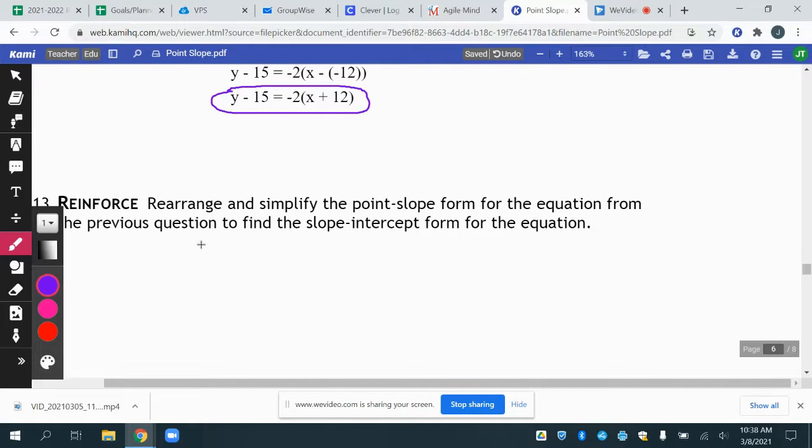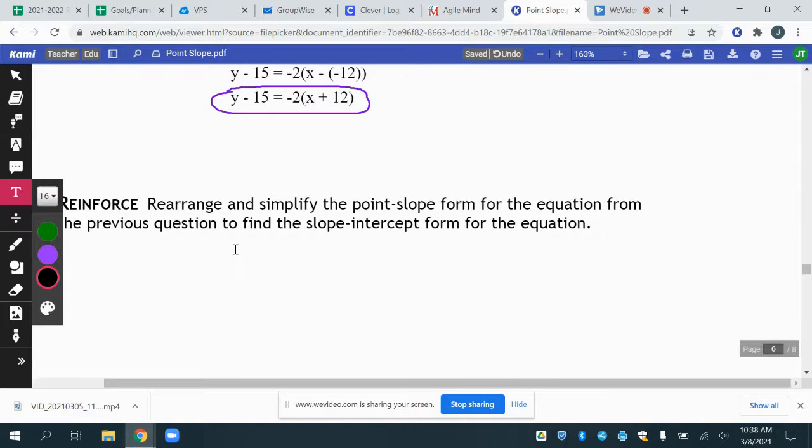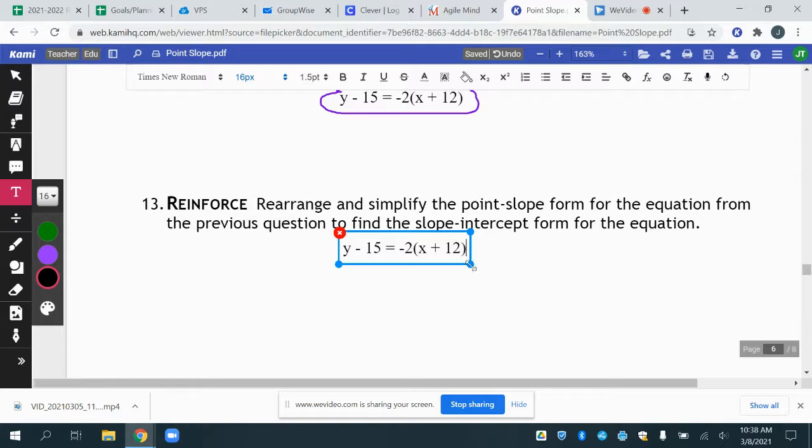Now we have to rearrange it to put it in slope-intercept form like we've done every single time. So let's do that. I'm going to distribute the -2. This time I'm not going to say what I did each time. -2x minus 24, because I multiplied -2 times 12 as well. That's distributing the -2.